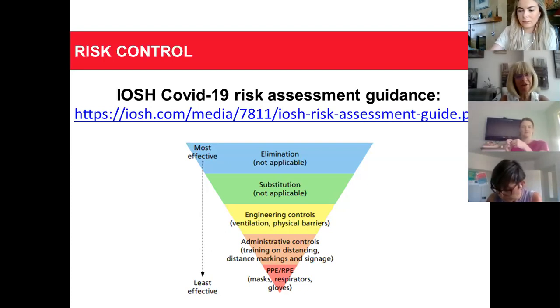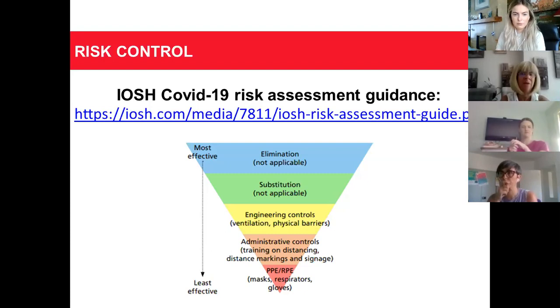Further down the hierarchy, and we are getting to the least effective options now, we're looking at administrative controls. And again, your admin controls are going to be controls which I think are going to feature very, very highly in the way that we're going to be able to manage this risk. So admin controls are basically all your processes and procedures, all your policies. They're your safe systems of work.